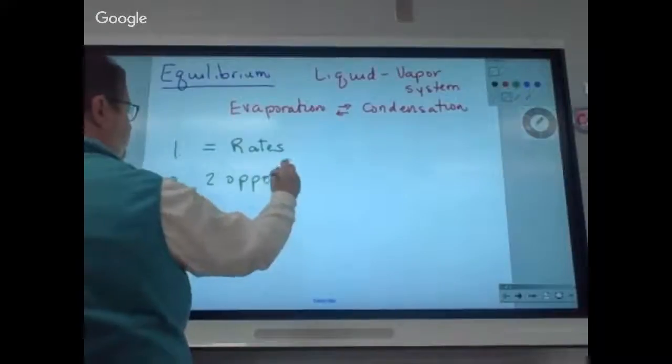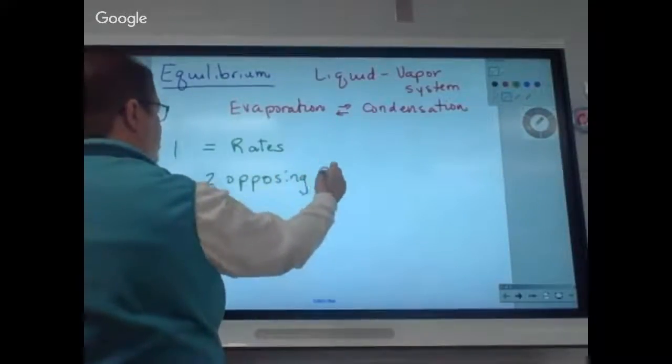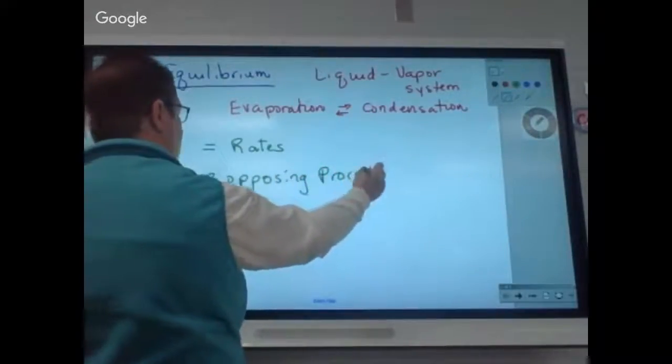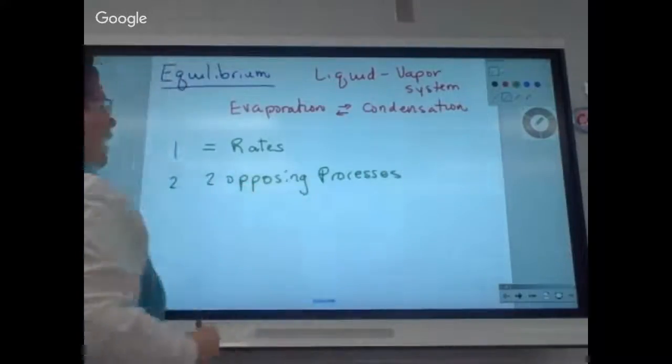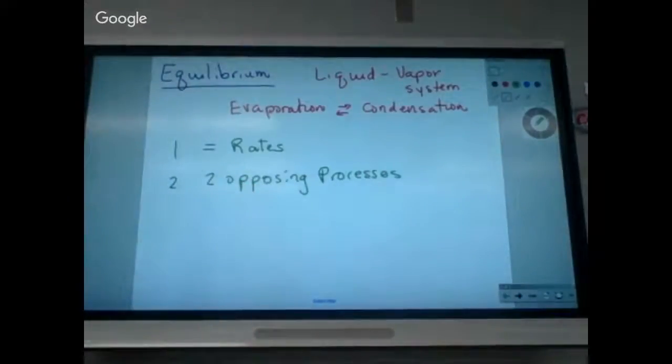So if we just have evaporation, we cannot have equilibrium achieved. If we just have condensation, we cannot have equilibrium achieved. So we have to talk about a system where we have both. The state wants you to understand how it works with evaporation and condensation.